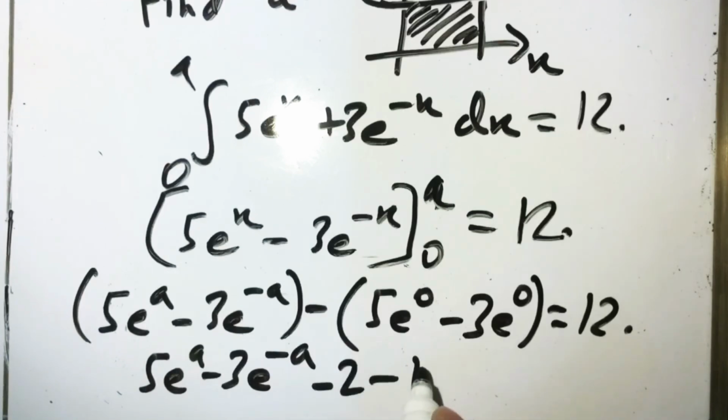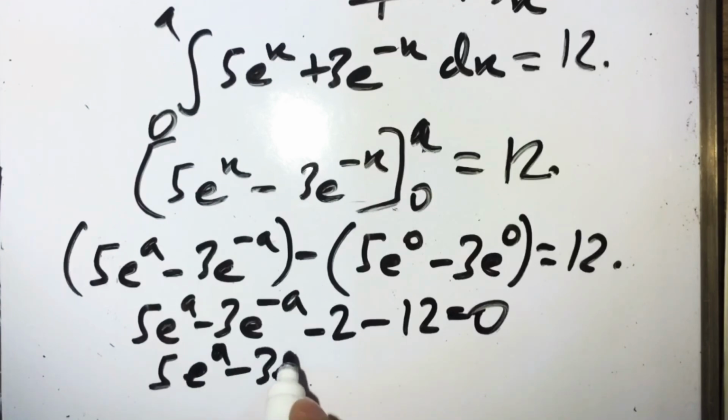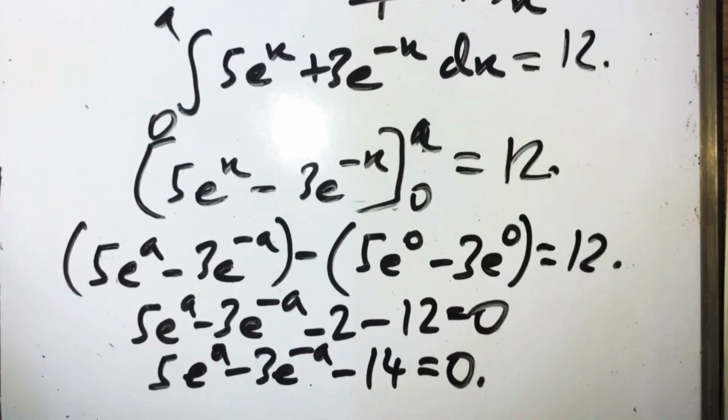So minus 2 minus 12 equals to 0. Now 5e to the power a minus 3e to the power minus a minus 14 equals to 0.